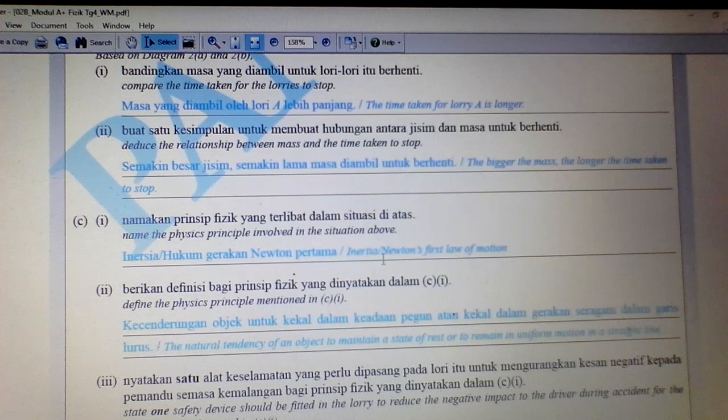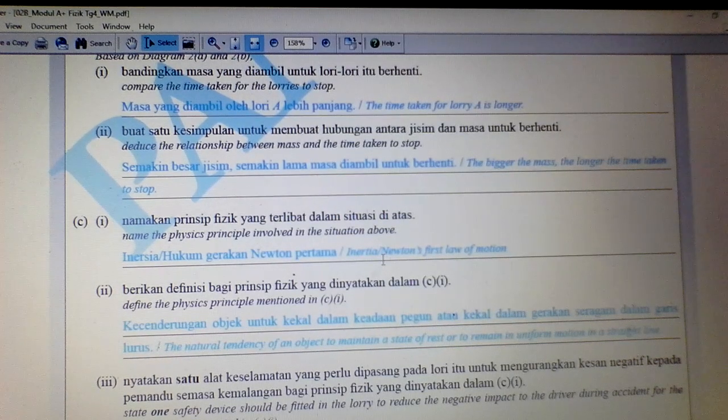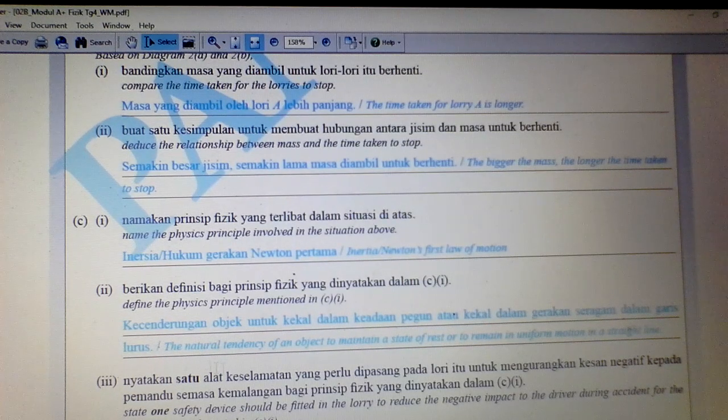If the physics principle is Newton's first law, the answer should be: an object will remain in its state of rest or motion in a straight line unless acted on by an external force. This one is a definition for inertia, I don't think this is the correct answer. So you just write what is stated by Newton's first law of motion.